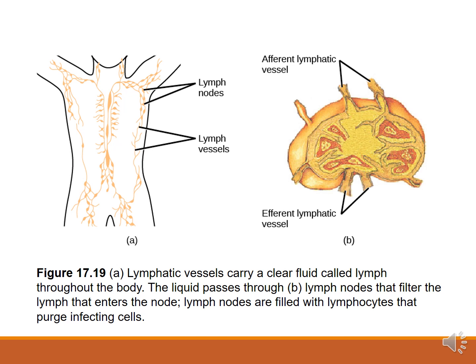So this is showing these lymph vessels, and they pick up this clear fluid called lymph. It passes through the nodes that help to filter the fluid. These nodes are filled with lymphocytes that purge infecting cells. If you've ever had swollen glands, sometimes you get this in your neck, it can be your armpit or your groin.